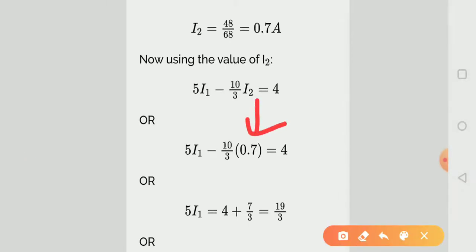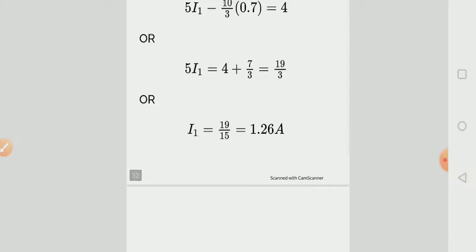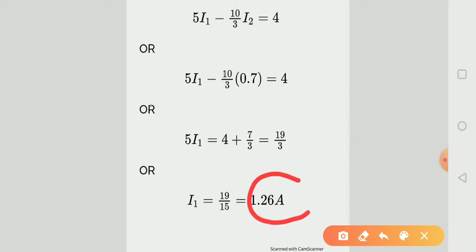By solving it, we find that 5I1 equal to 4 plus 7 upon 3 equal to 19 over 3, and the value of I1 equal to 19 over 15 equal to 0.6 ampere.